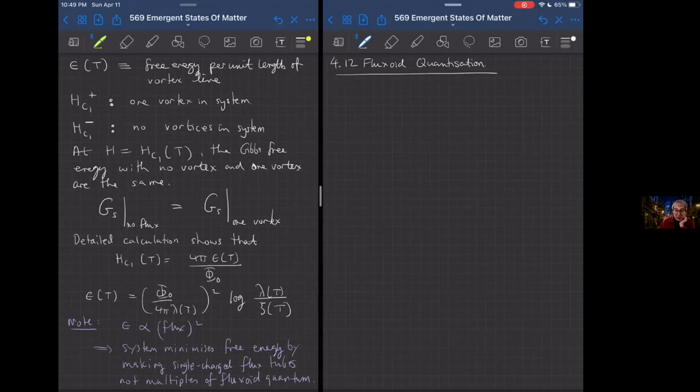So what we're going to do in this section is expose the topological origins of fluxoid quantization.